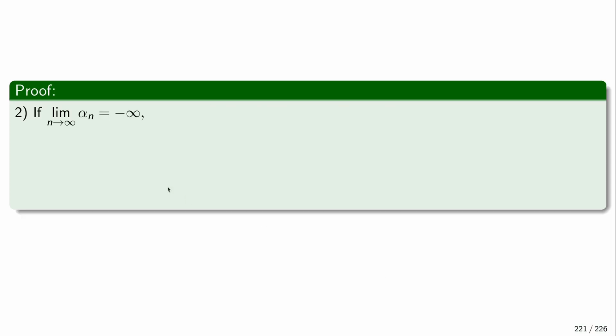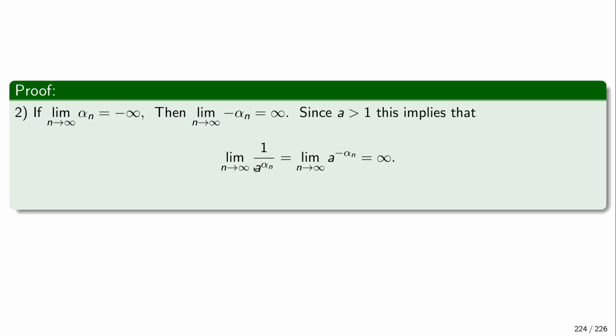And now another implication: if alpha n converges to negative infinity, then minus alpha n converges to positive infinity. And since a is greater than 1, this implies that this limit of 1 over a to the power of alpha n, which is this limit. So again, 1 over a to the power of alpha n, and here we have a to the negative alpha n.